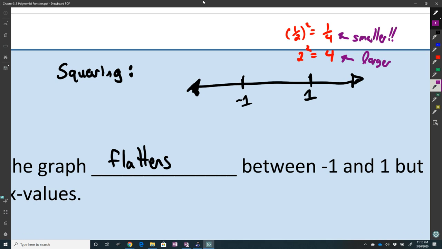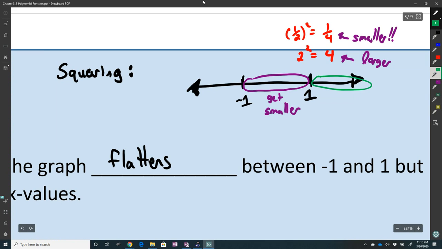So that's what we mean by flattening. All numbers between -1 and 1 get smaller. Whereas all numbers on the other side, all numbers greater than 1, get larger. And same thing for the other side. They get, and I'm going to put it in quotes, larger in the negative direction.